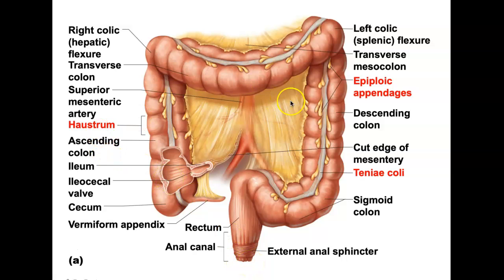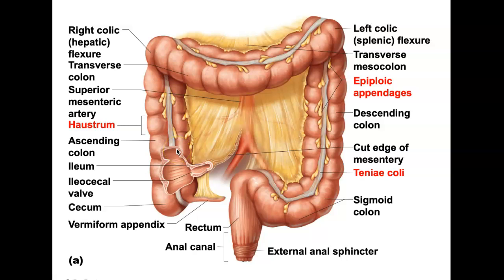These three highlighted structures are specific to the large intestine. We don't see them anyplace else. The tinea coli is this band of smooth muscle here in white, and it stays partially contracted and pulls on the tissue of the large intestine, forming these little pouches.